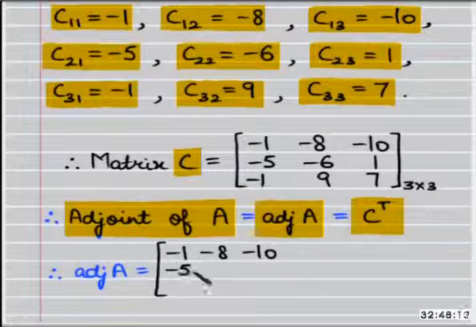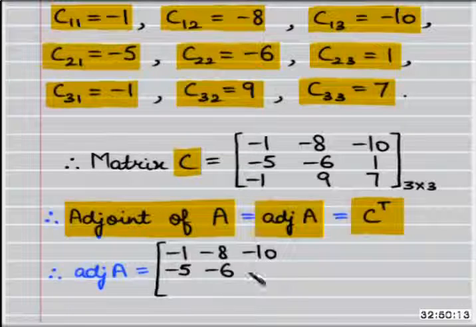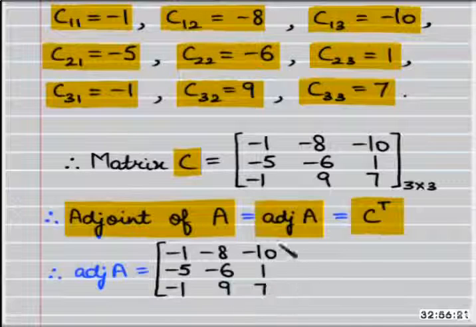Second row elements are minus 5, minus 6, 1, and third row elements are minus 1, 9 and 7.